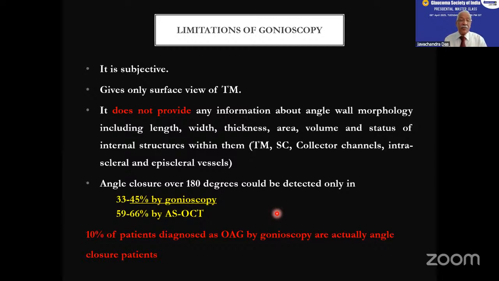That means in another 50%, with the best of our effort, we won't be able to identify the angle closure at 180 degrees. If we increase our ability and use anterior segment OCT, we'll be able to detect 66% of angle closure. Still nearly 40% is undetected, with the best possible armamentarium we have at our disposal.